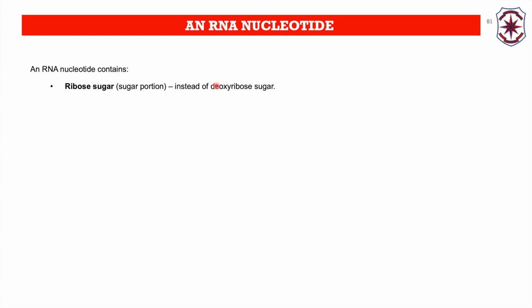So, on the sugar portion of the RNA nucleotide, the sugar portion is made up of ribose sugar. However, in a DNA nucleotide, we will instead have deoxyribose sugar.